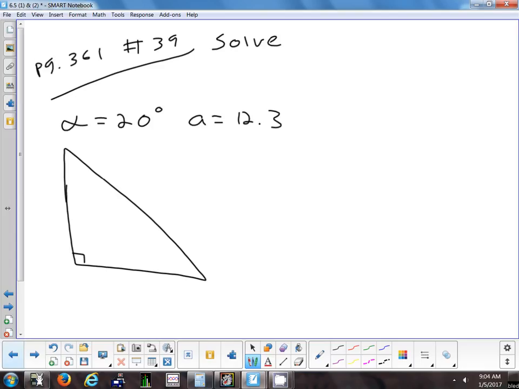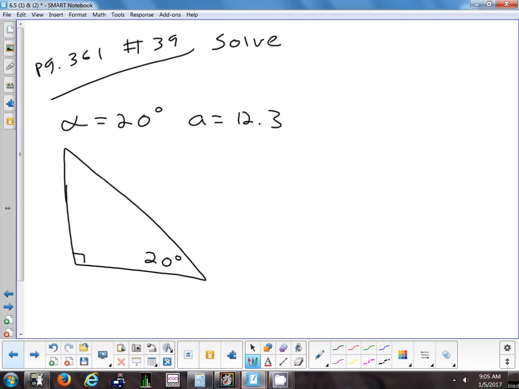Connor, where can I put the 20-degree angle? The bottom angle. Or you could put it where else? It doesn't really matter where you put it because nothing's labeled yet. But if I put it right there, where does the 12.3 have to go now? Opposite.